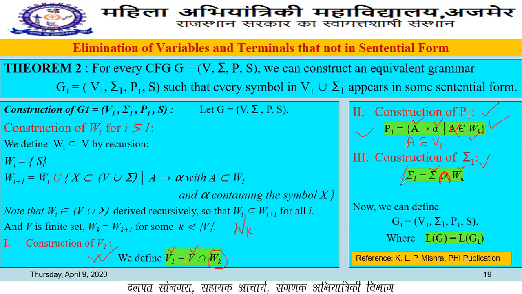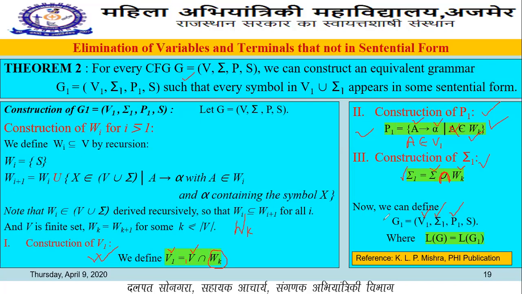So this is the simplified set of terminals. After constructing V1, sigma 1 and P1, all these are simplified, or you can say reduced sets, corresponding to a grammar G.